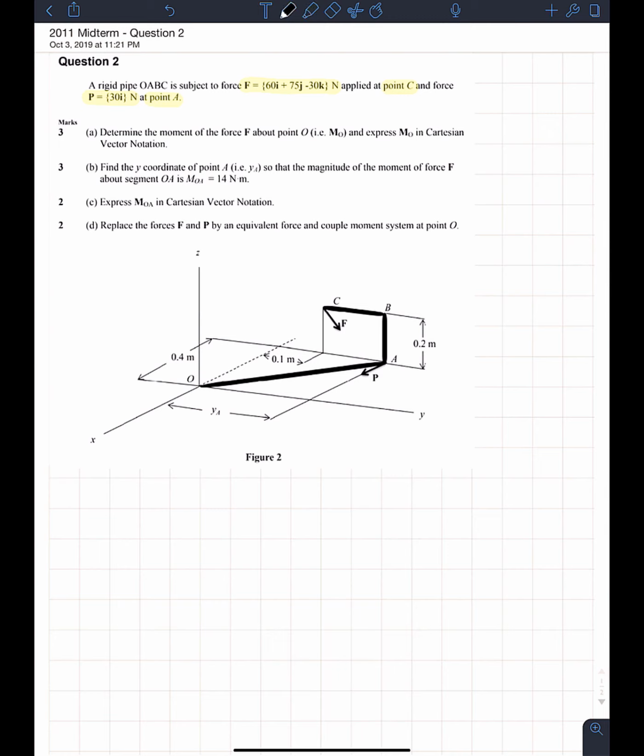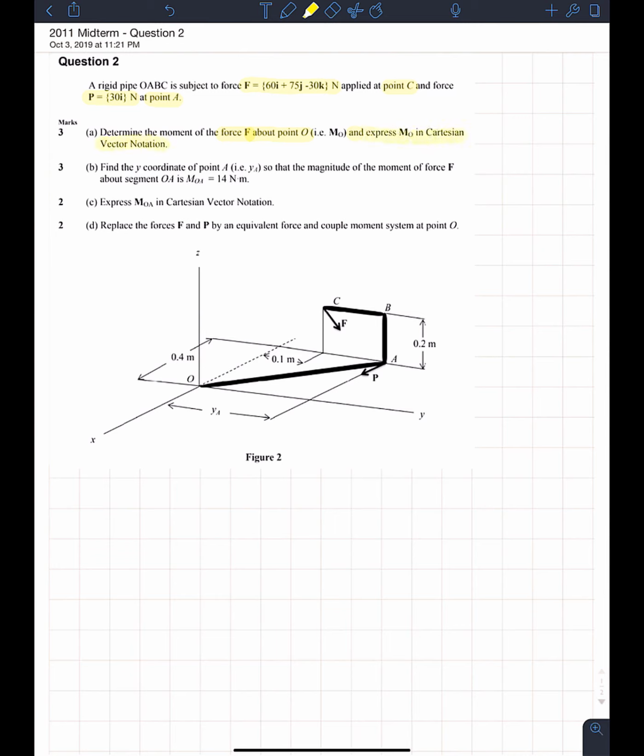Very nice. So looking at the specific parts of what the question would like, it says, determine the moment of the force F about point O, and express MO in Cartesian vector notation.